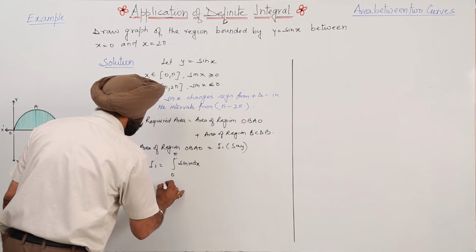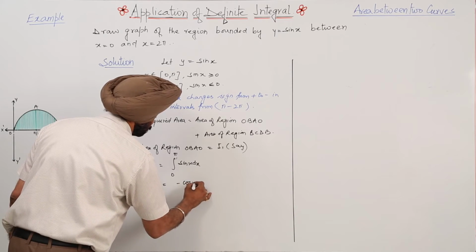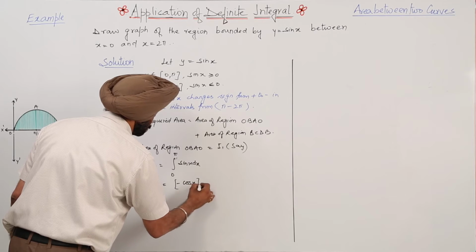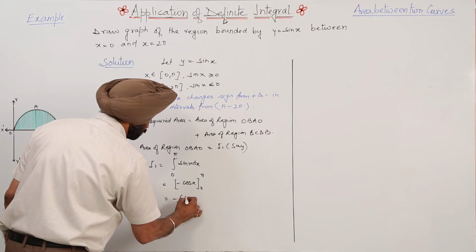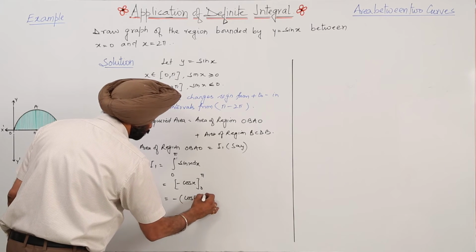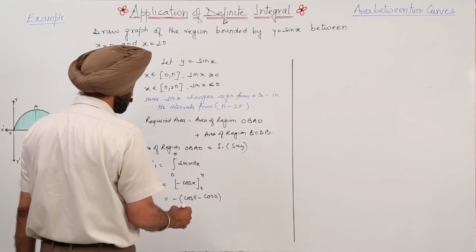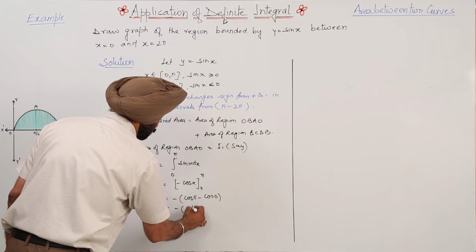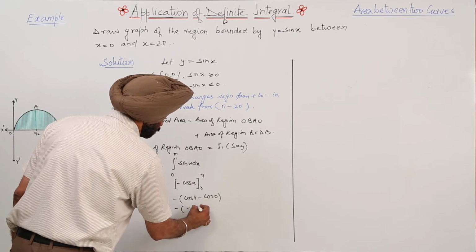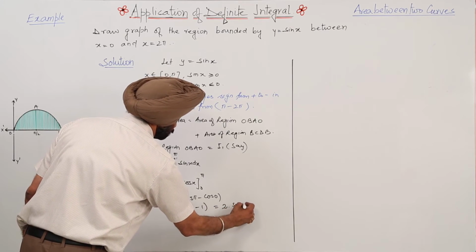Now, this is equal to minus cos x from 0 to pi, and this is equal to negative of cos pi minus cos 0, and now this is equal to negative of minus 1 minus 1. Now, this is equal to 2 square units.